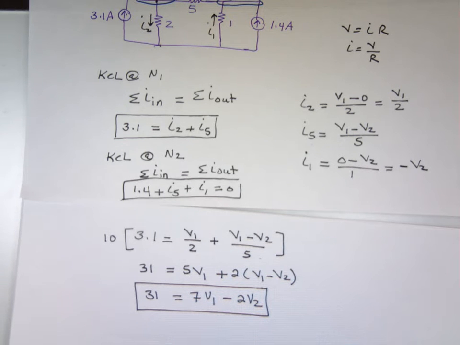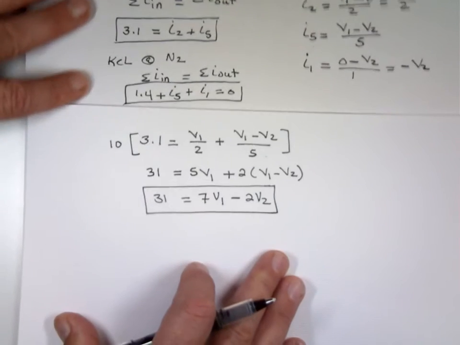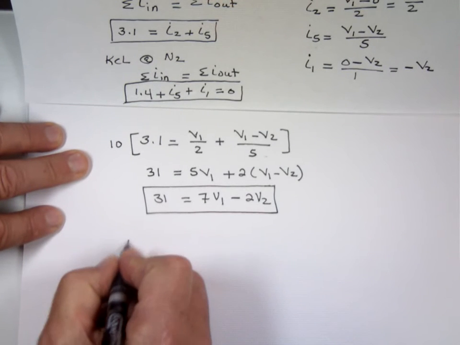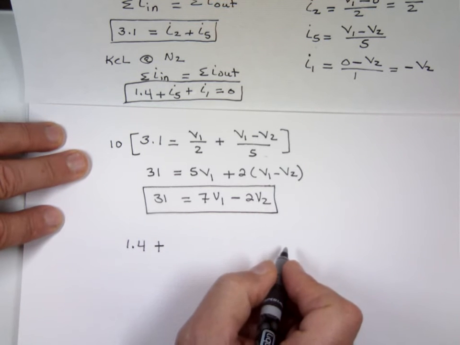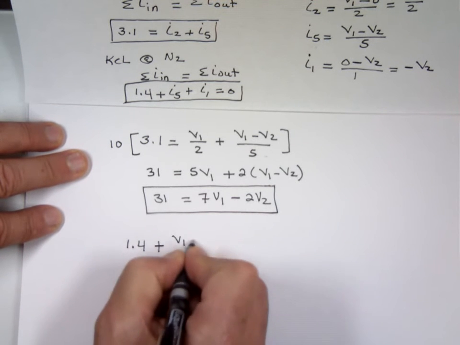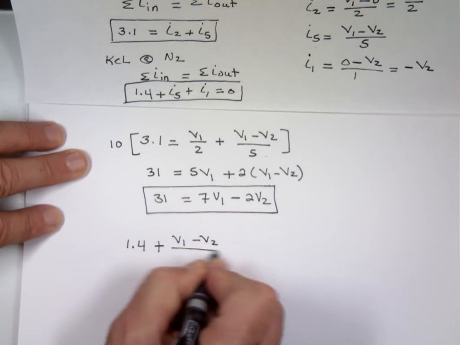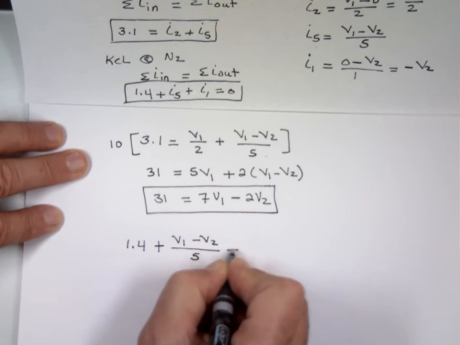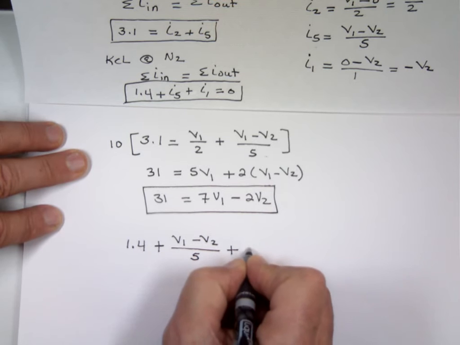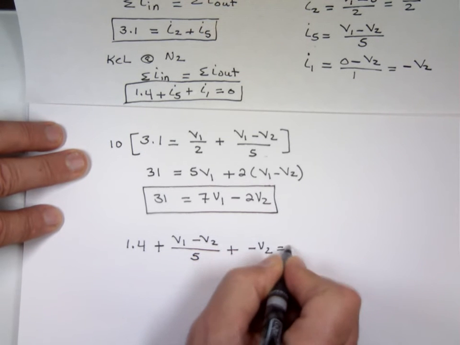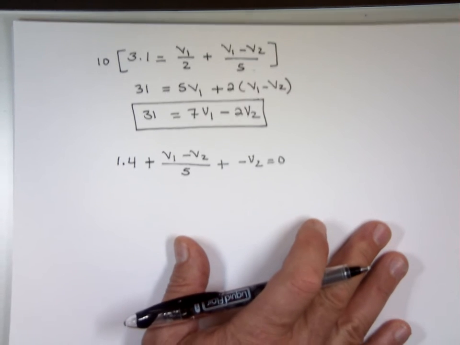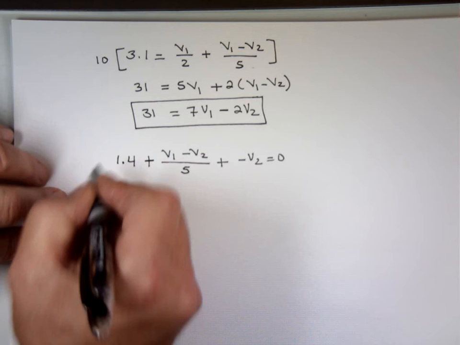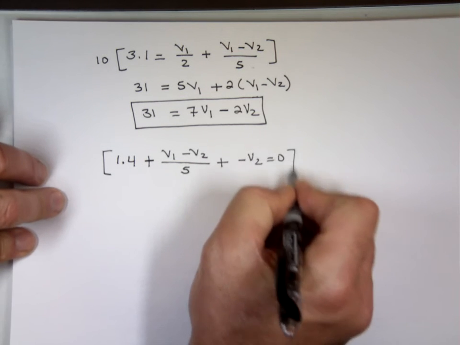Let's take the second equation. 1.4 plus I sub 5. I sub 5 is V1 minus V2 over 5, plus I sub 1, which is what? Negative V2, is equal to 0. What's my LCD here? 5.